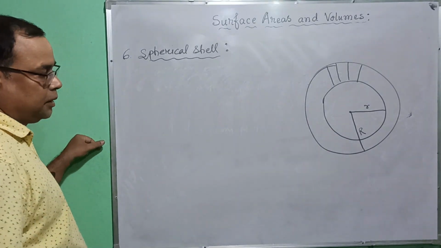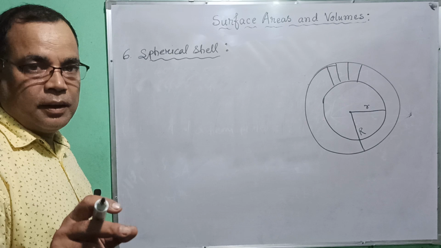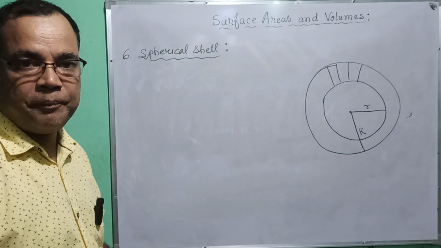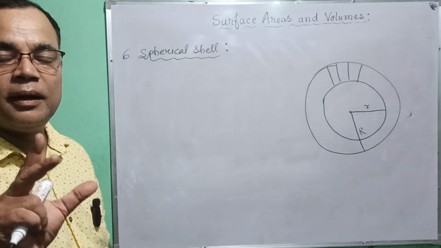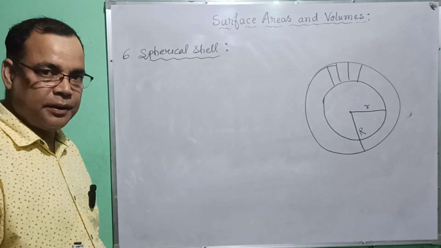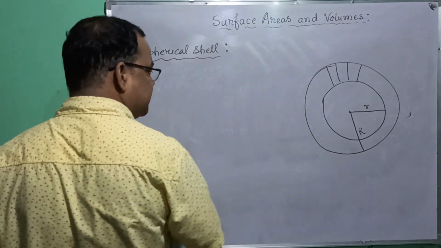Actually, the spherical shell is important when the question gives a material and asks us to find the amount of material needed to make a sphere with some thickness. So a spherical shell is needed.